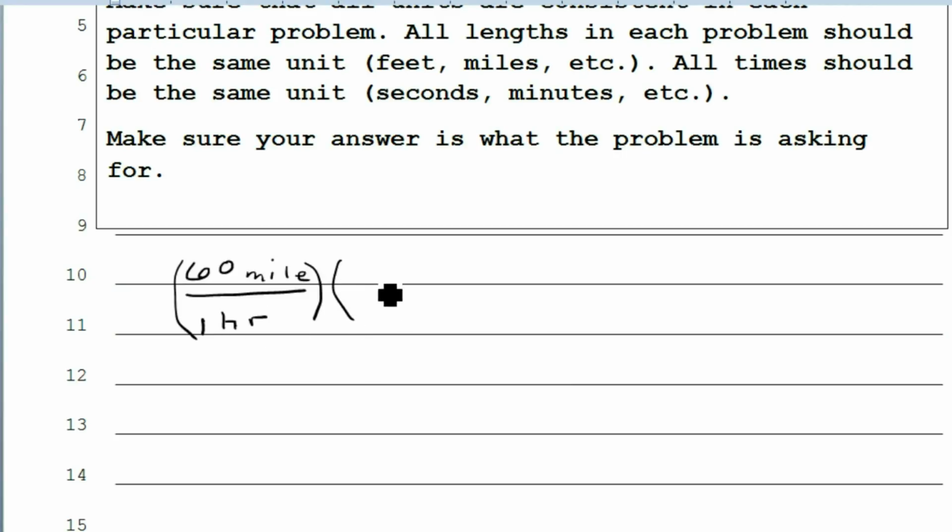So next we use conversion factors inside these next brackets. 1 hour is equal to 60 minutes. 1 minute is 60 seconds. When we complete the problem, hours will cancel out and the minutes will cancel out, and you'll be left in the denominator with seconds.